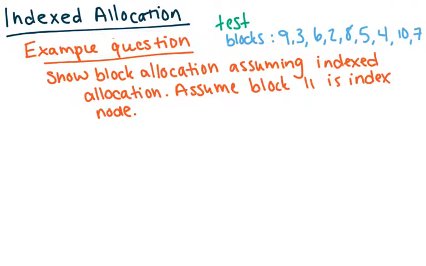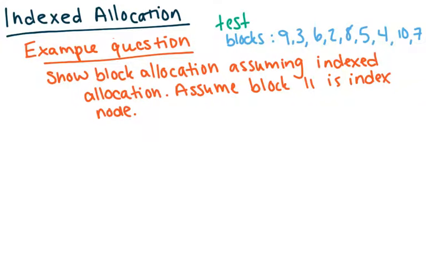Okay, we're back. Now, I meant to make these the same. I guess I didn't make it the same. But the next question here is to show the block allocation assuming index allocation.